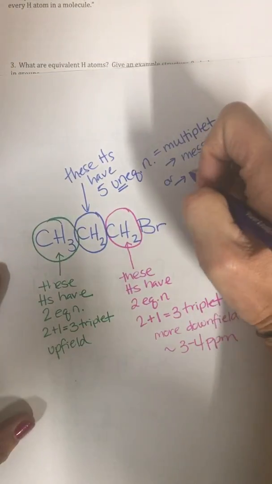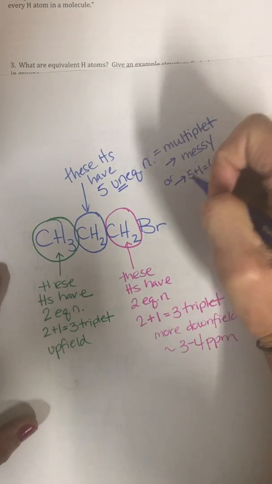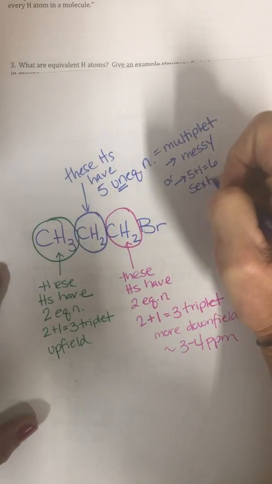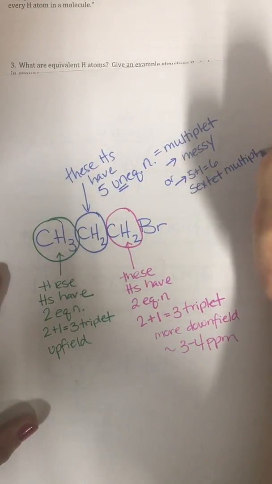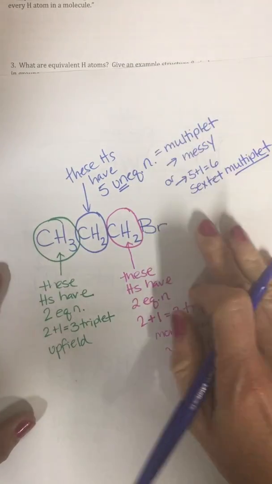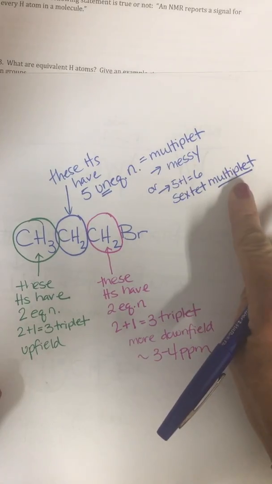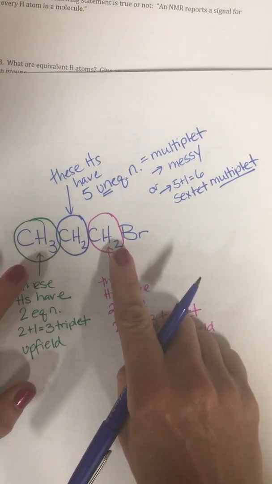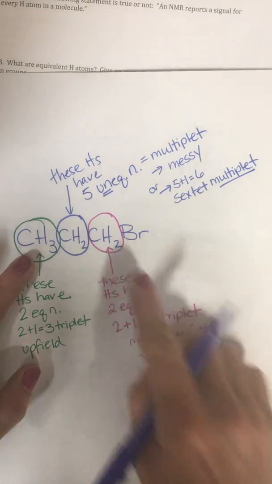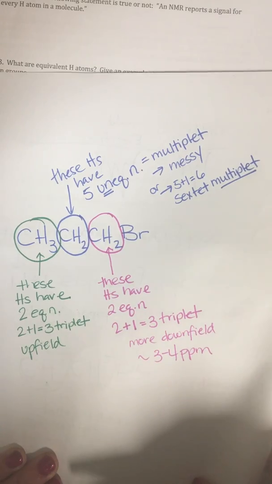So sometimes you might see 5 plus 1 is 6. You'd see something that we call a sextet, but it's a multiplet. So if you hear that word multiplet, again, we just can't call it a sextet. That would mean 5 equivalent neighbors. A sextet multiplet is when a group of hydrogens has 5 unequivalent neighbors. So that's a really good example there of a multiplet.